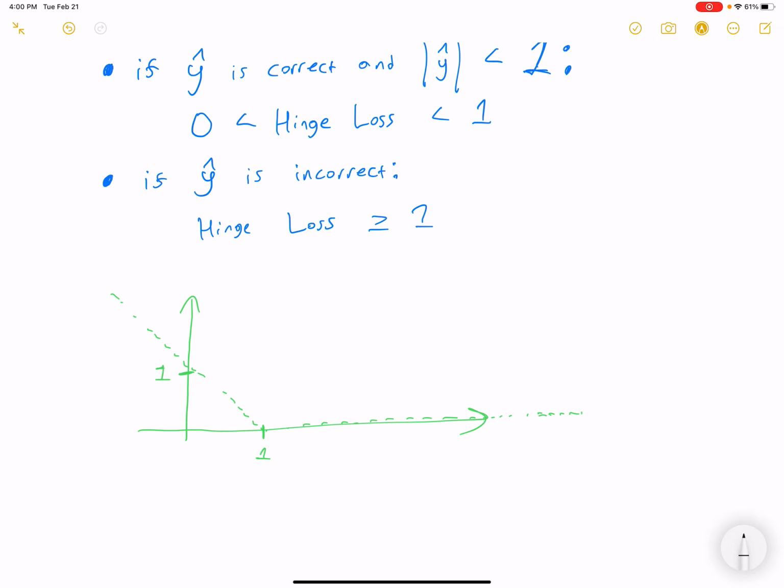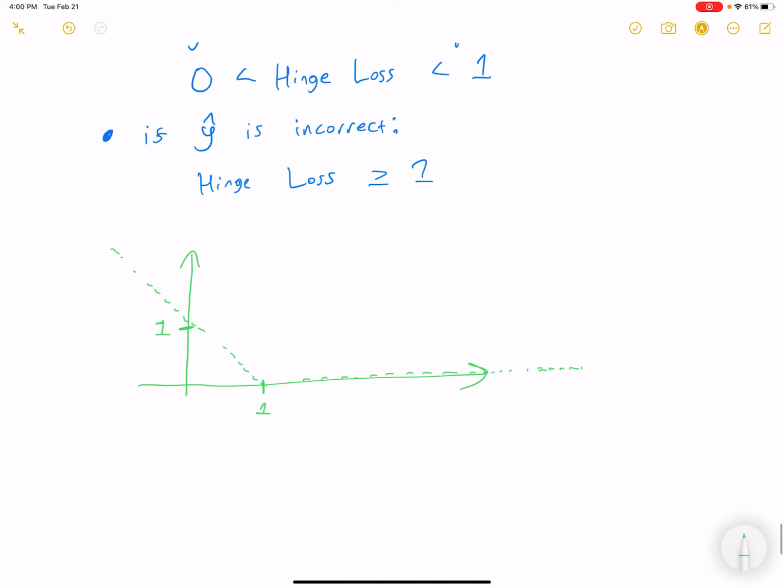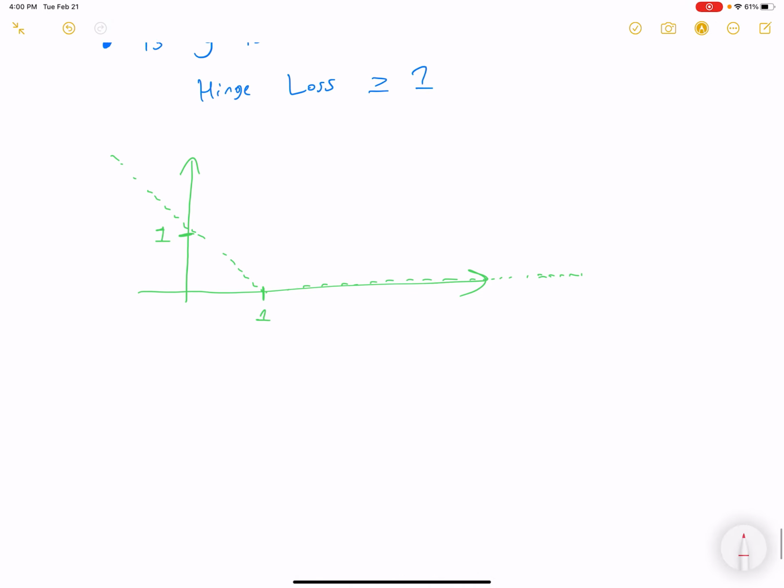Okay, so if we are here, then we are on the correct side of the boundary, but inside the margin, which is okay but not great.